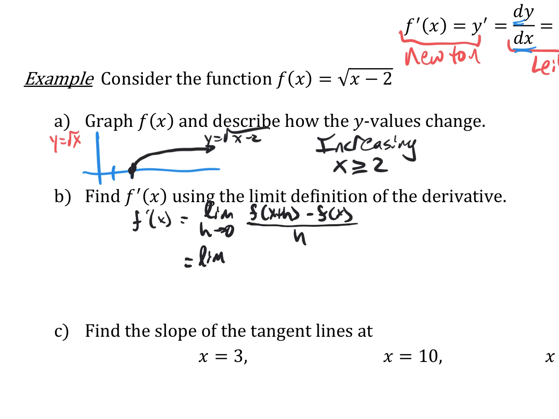So for our function, this means we have the square root of, now we're going to plug x plus h into this formula. So we replace x with x plus h, and we have x plus h minus 2. That is f of x plus h. Now let's go minus f of x. What is f of x? It's just the square root of x minus 2. And all of that over h.